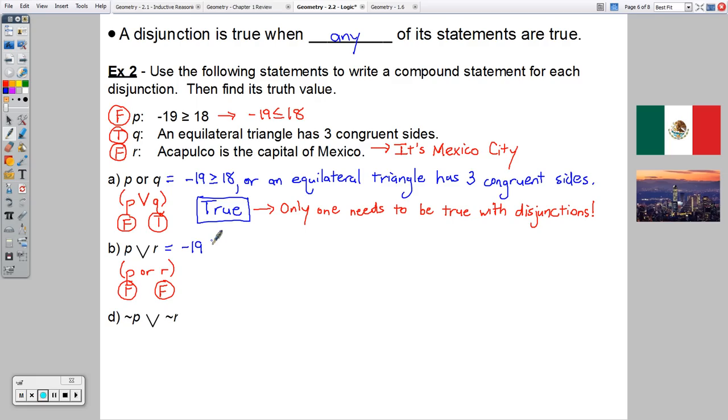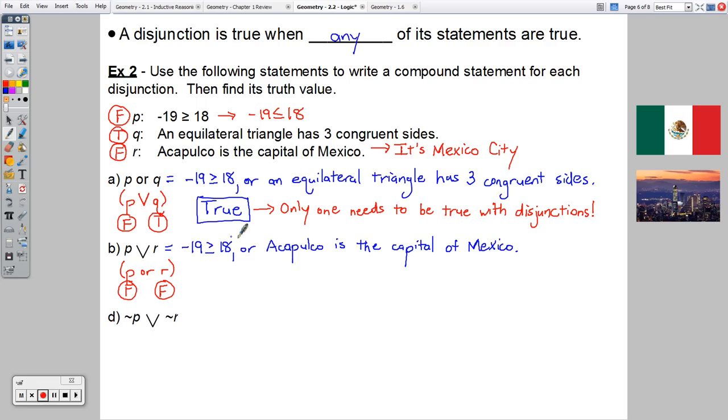Negative 19, and we have this or R. Oops, got to finish writing that there. Negative 19 greater than or equal to 18, or Acapulco is the capital of Mexico.